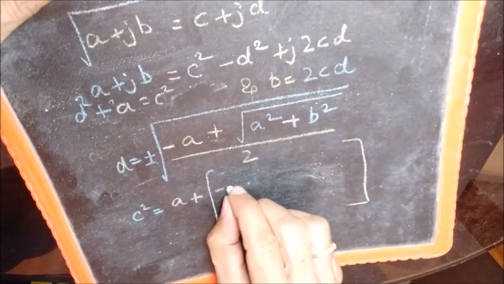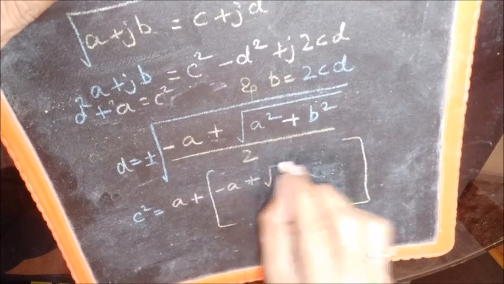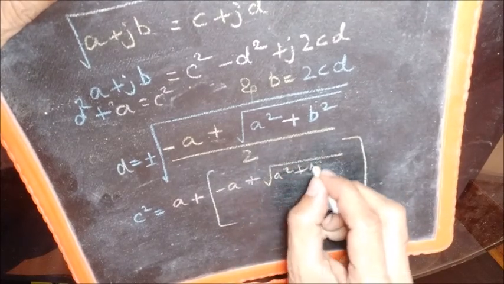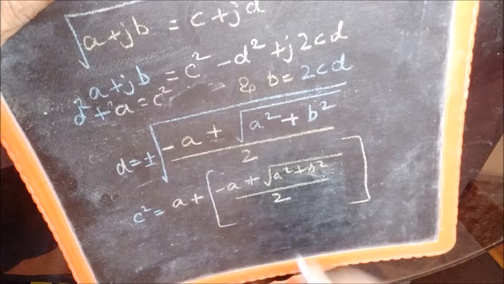When I square this, I get minus a plus root of a square plus b square, by 2.